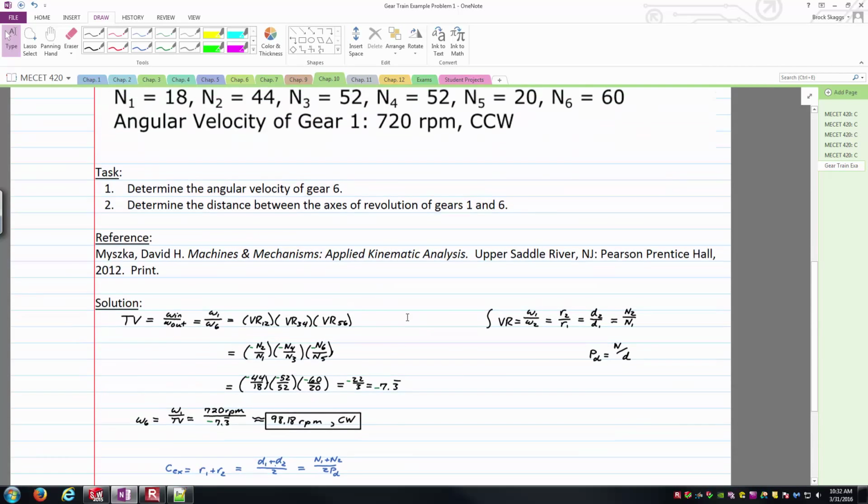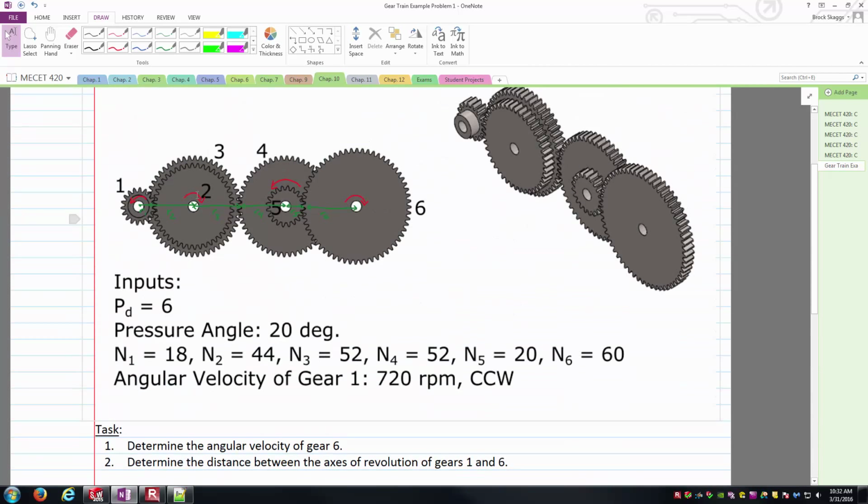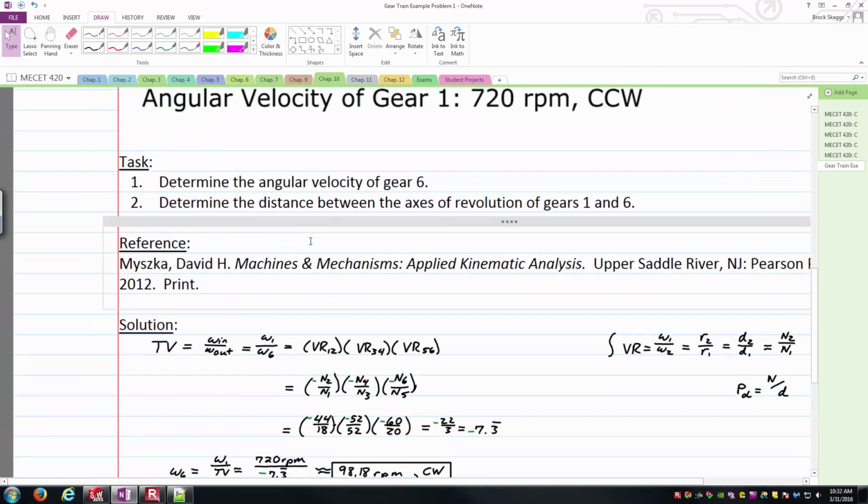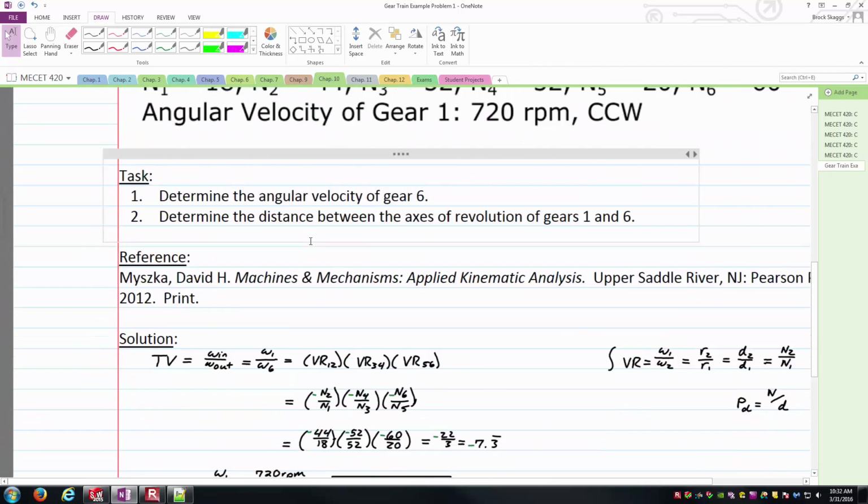And so we've got the center distance between 1 and 2, now between 2 and 5, if you will, and then the last one would be the center distance going from 5 to 6 here. And so 5 and 6 are the two gears that are driving that distance, so I'll call it C56. And so that's N5 plus N6 all over 2Pd. The number of teeth on 5 and 6 were 20 and 60.